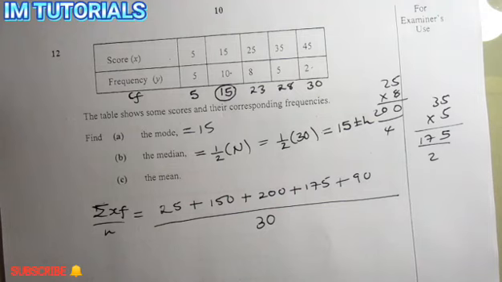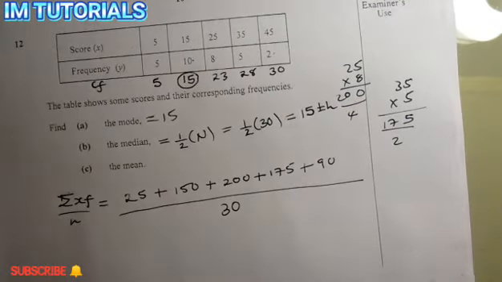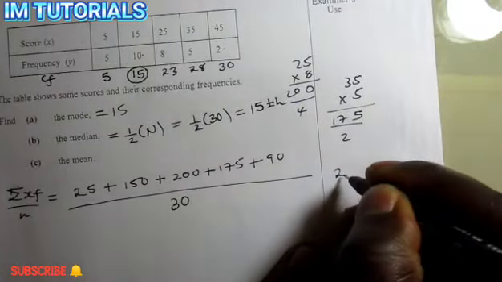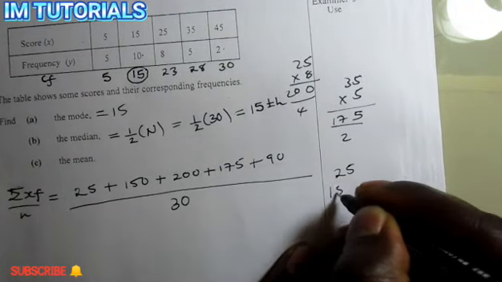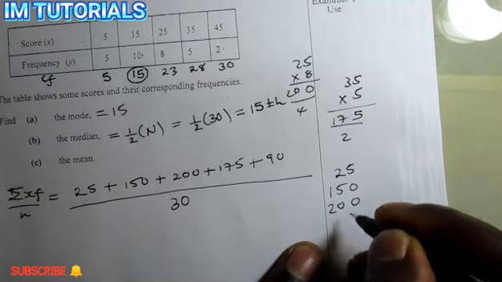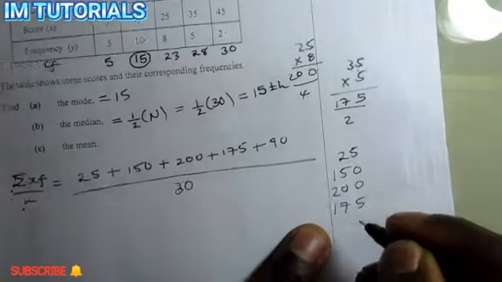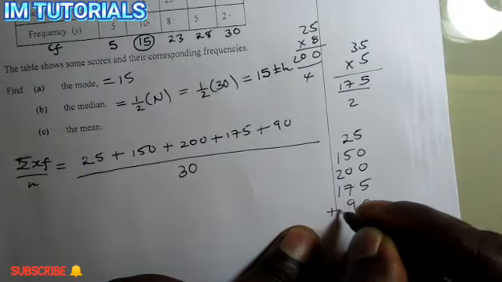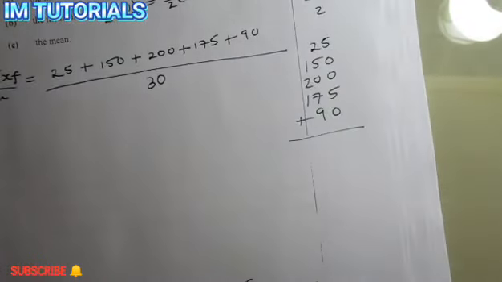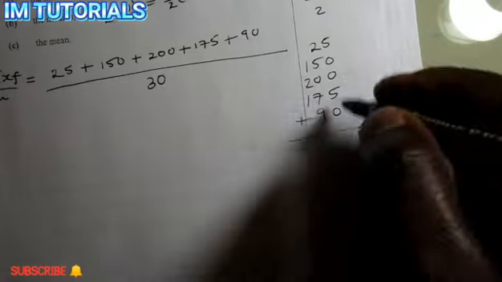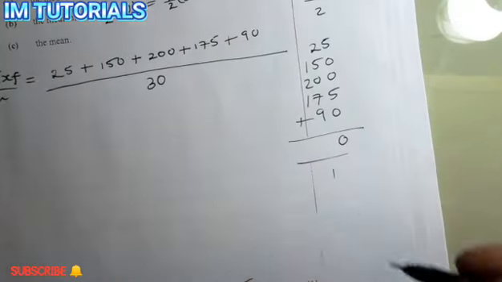So after that, to find the mean, I'm going to add the sum of the numerator. So 25, 150, 200, 175, 90. I'm going to arrange them vertically so that I add. 5 plus 5, you get 10. Carry 1.